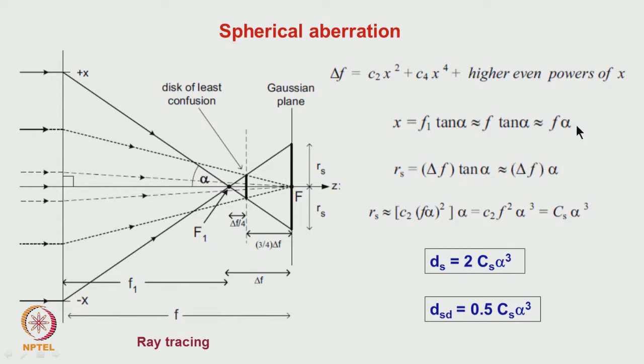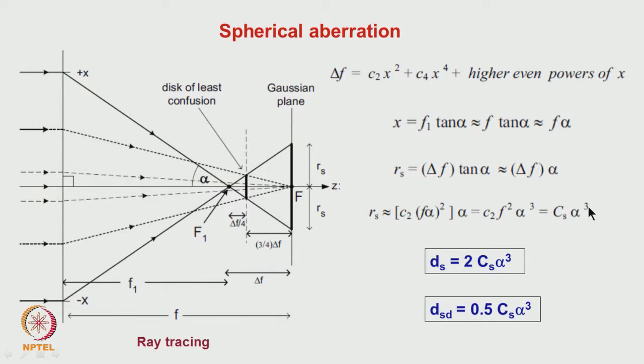We can substitute for delta f, this being the only term used for the first time. When we substitute this, the value of Rs turns out to be a factor Cs into alpha to the power of 3.